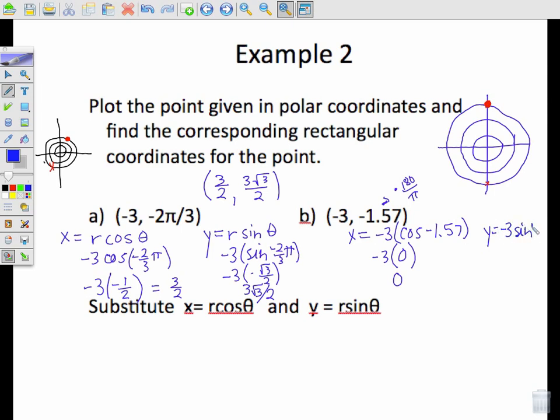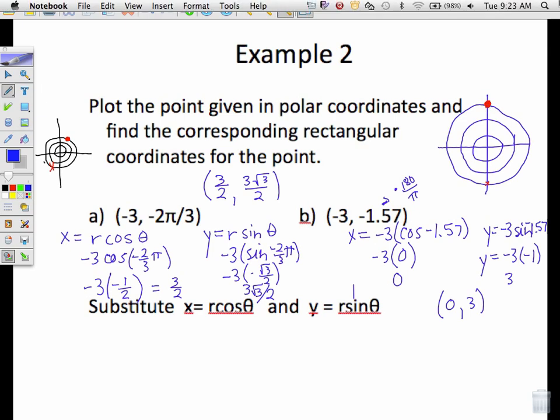Well, y is equal to negative 3 times the sine of negative 1.57. Well, that sine is negative 1, so y equals negative 3 times negative 1, which equals 3. So our coordinate x, y is 0, 3. And these coordinates should match up to where our point is located. The point is located here above at 0, 3.